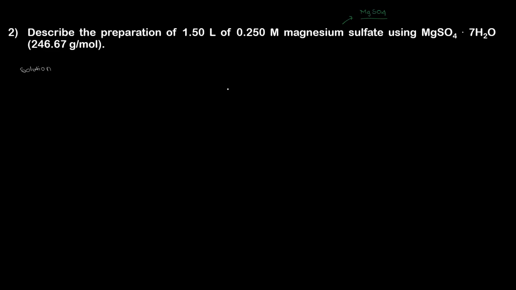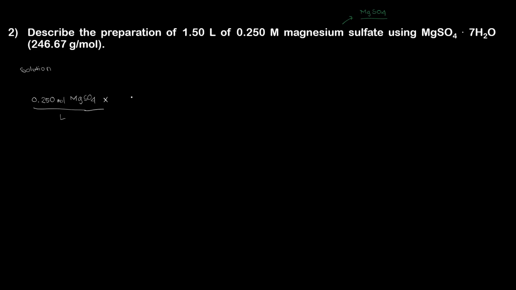As usual, let's start from the concentration. The given concentration is 0.250 molar magnesium sulfate, so that's MgSO4. Molar is mole per liter, so let's write mole per liter here so that you won't be confused.